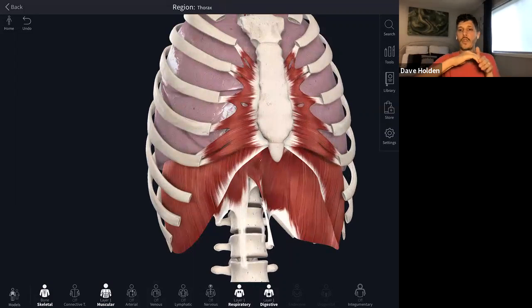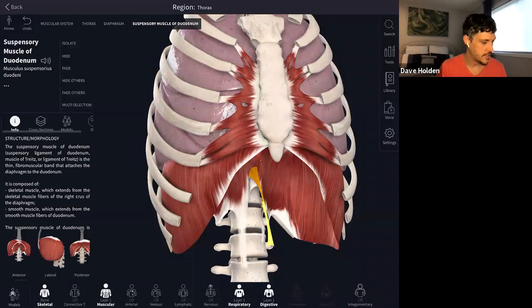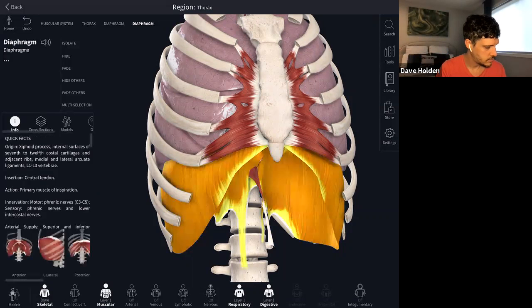So the roof of the diaphragm is anchored to the sac that the lungs are contained in. That sac is called the pleura. There's the central tendon.